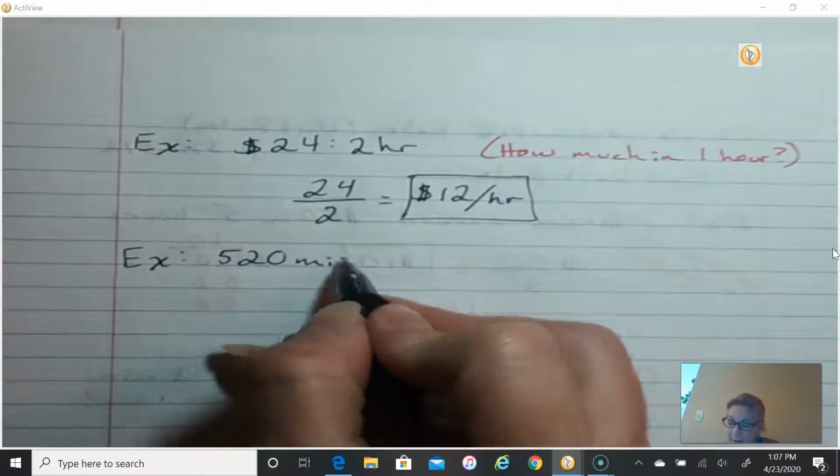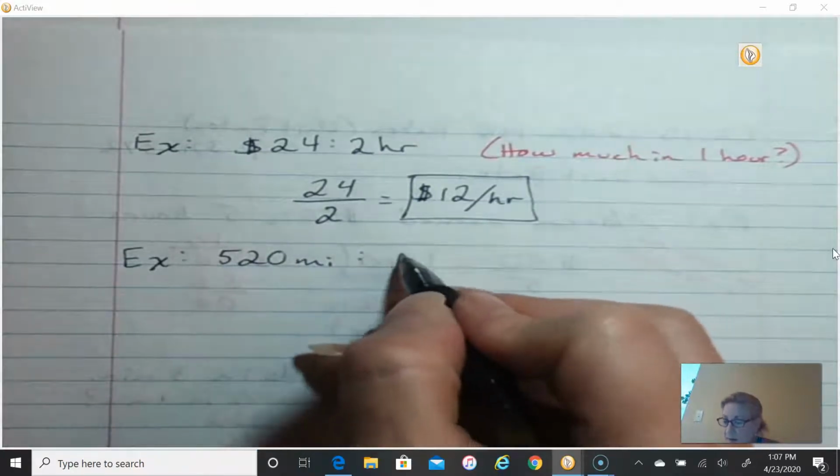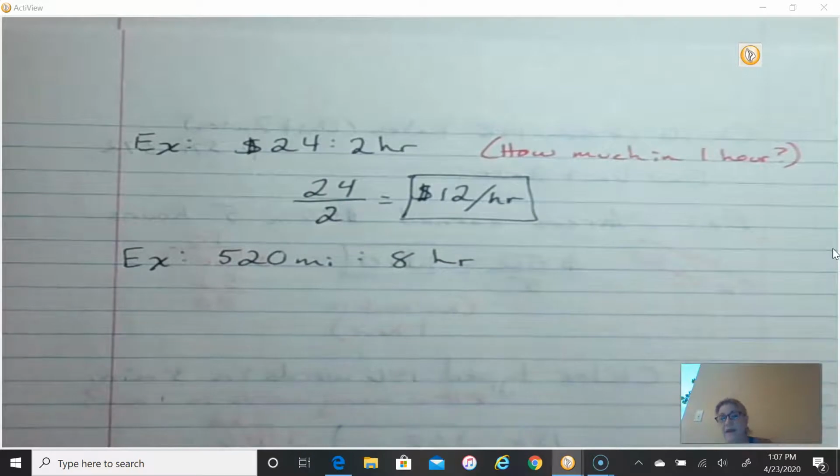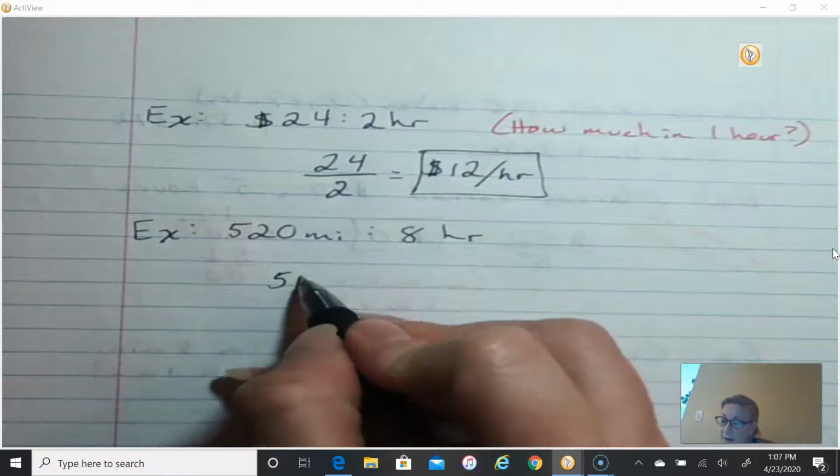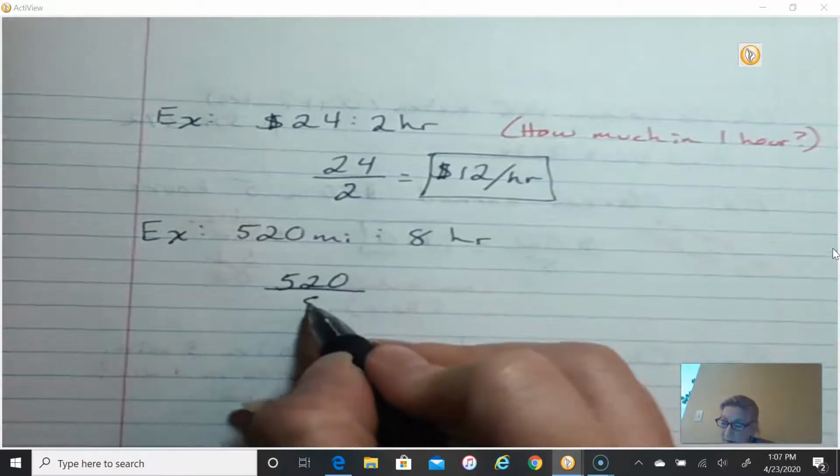Oh, here's another one. 520 miles to 8 hours. How much per 1 hour? How many miles in 1 hour? How many miles will you go in 1 hour? Again, you divide.